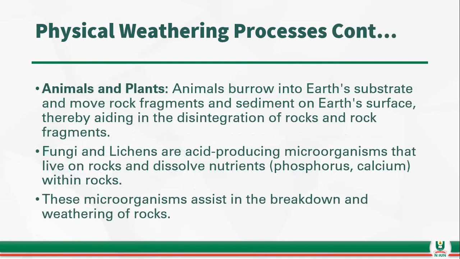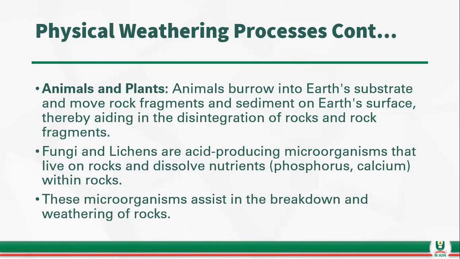What are the things that lead to physical weathering? Something like animals and plants can lead to physical weathering. Remember, the difference between physical weathering and chemical weathering is that when the rock is being broken down and the chemical composition does not change, it is physical weathering. But when it changes, when it leads to formation of new products, changes in the chemical composition of the rocks, it becomes chemical weathering.